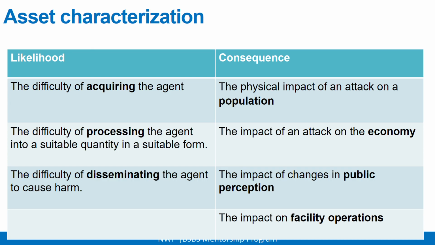Then under the consequences, I've touched on the impact on the population, the economy, and the impact of changes in public perception. We saw most of these during the COVID pandemic. I'm not really saying that COVID was intentionally released. What I'm saying is that we saw most of these during the COVID pandemic.